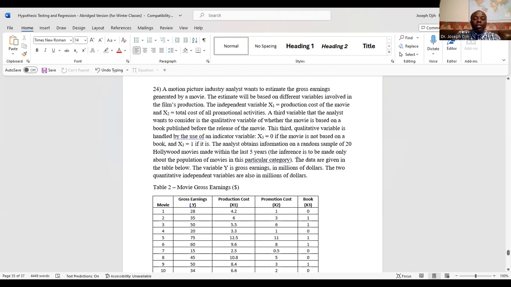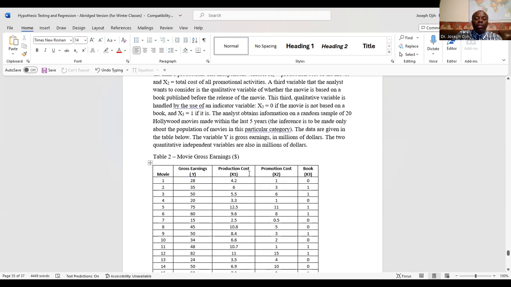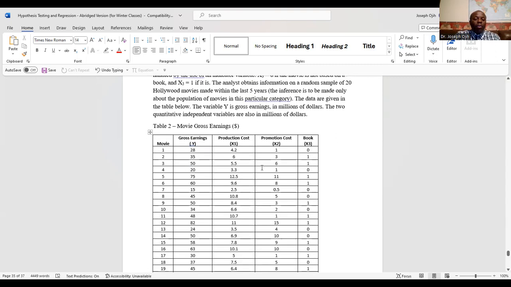The Y variable is the gross earnings in millions of dollars. The two quantitative variables are also in millions of dollars. That means production costs are in millions, promotional costs are in millions, and gross earnings are also in millions. For the book variable, 1 means the movie is based on a published book, and 0 means it is not. So they have all this data set here.